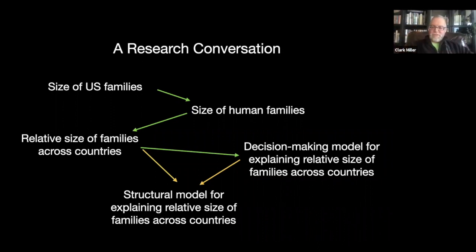So this is a research conversation in which one research study generates insights that then give rise to other questions that others can go out and research, right? And one after the other.